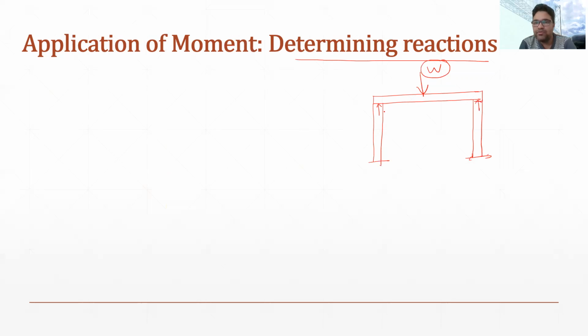Now how do we find out the magnitude of the reaction on the left-hand side and on the right-hand side? In that case, the principle of moment will be very useful, and we can apply it to find these reactions. That is the major application of moment in our analysis.